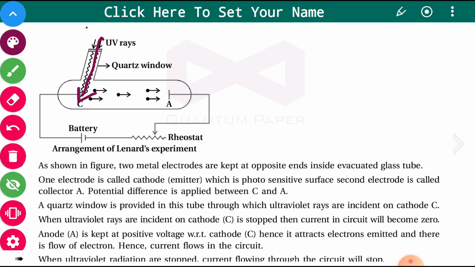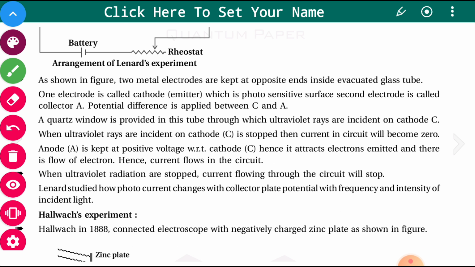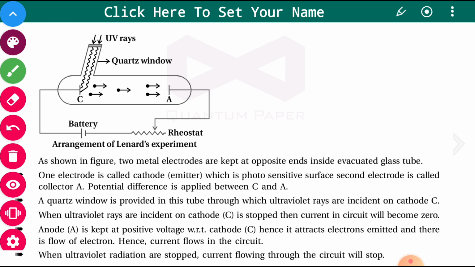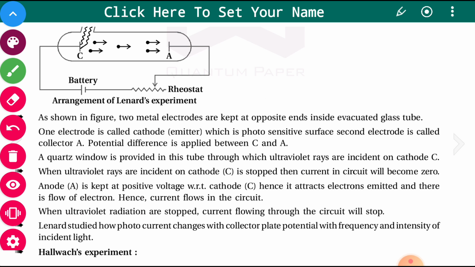When ultraviolet rays are incident on the cathode, current flows in the circuit, and when they are stopped, the current in the circuit will become 0. Okay, what will happen now? Whenever the ultraviolet rays are incident, if they are of proper frequency, then photoelectrons are emitted.